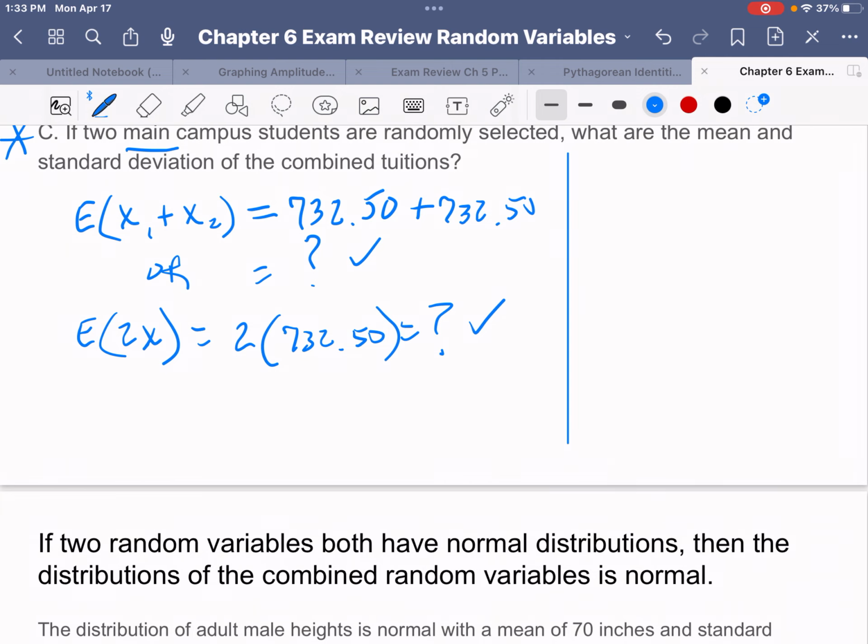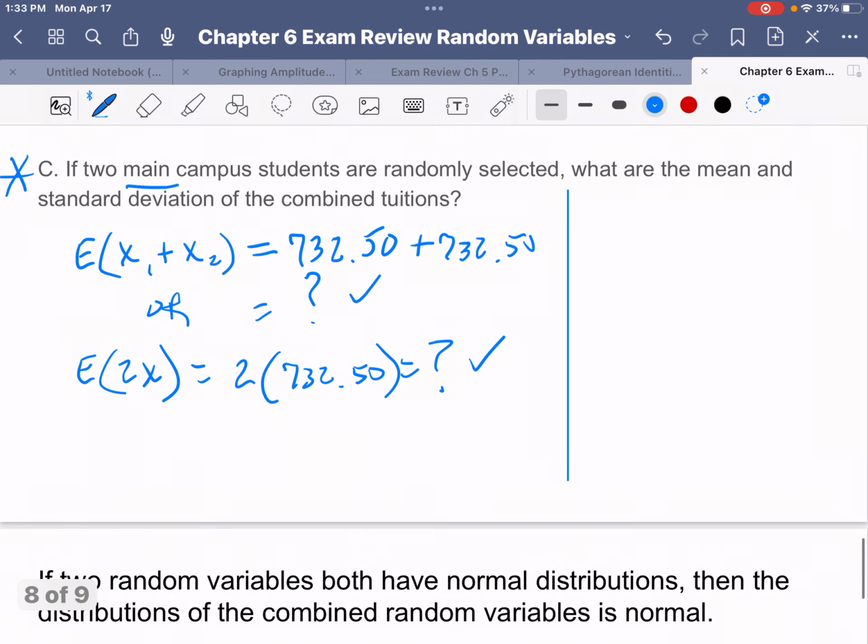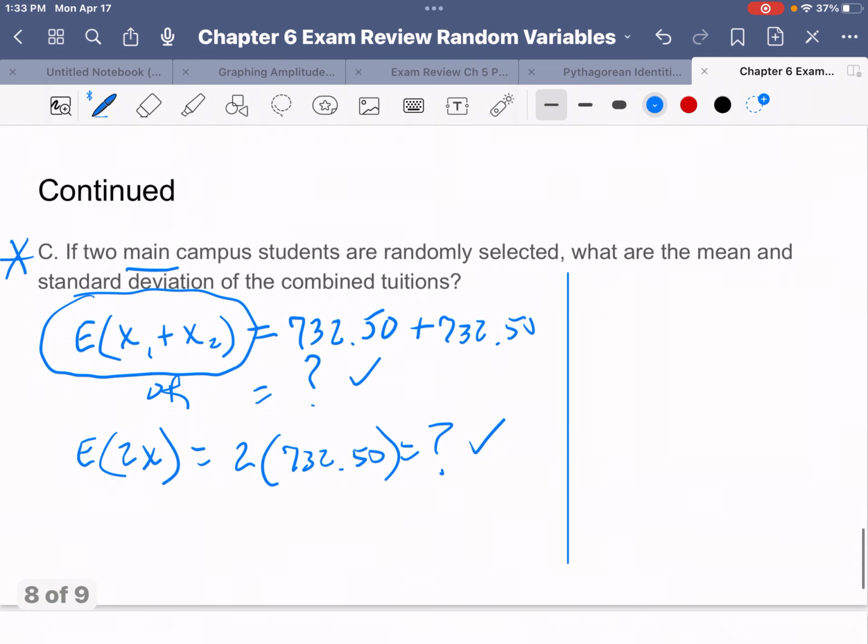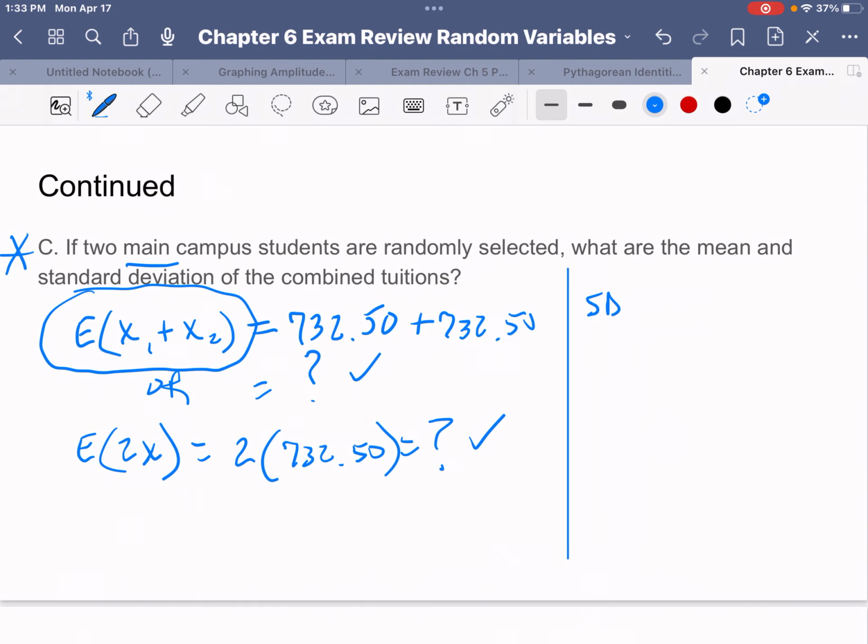Okay, but what were they actually asking you to do if two main campus students are randomly selected? You were actually being asked to calculate the expected value of x1 plus x2. Here's where the real error can occur. The standard deviation of x1 plus x2, or the standard deviation of 2x.